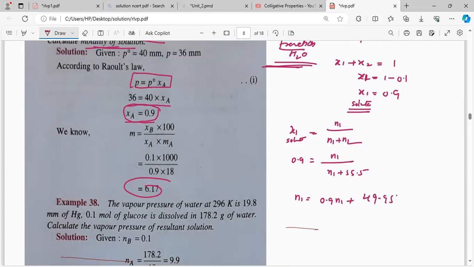So 1 minus 0.9, sorry, 0.1 n1 is equal to 49.95. So how much is coming here?